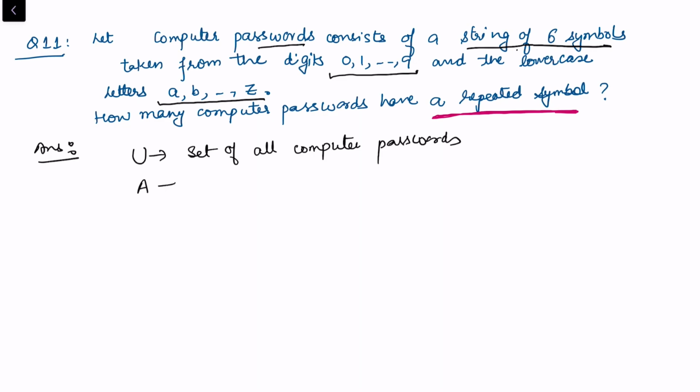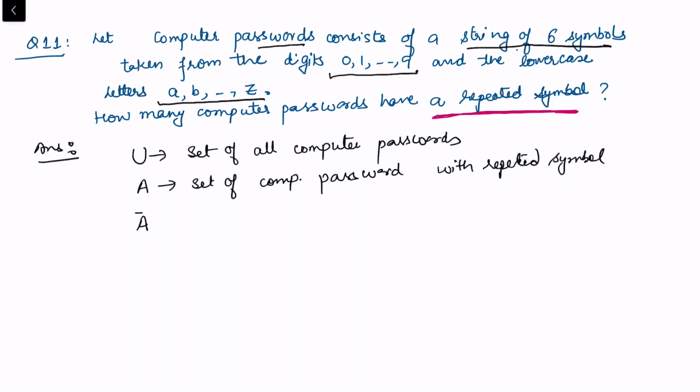So let me say A is the set of computer passwords with repeated symbols. This is what we want to calculate. And A bar is the set of computer passwords with no repeated symbols.